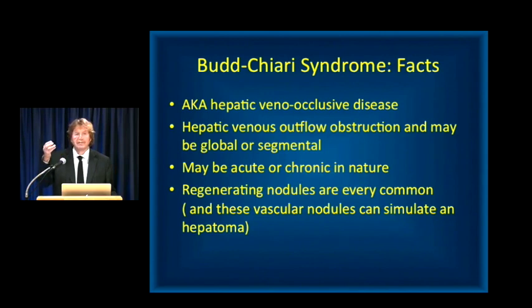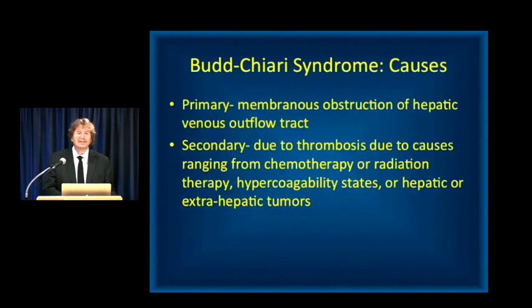Budd-Chiari is also known as hepatic veno-occlusive disease. The hepatic venous outflow obstruction may be global or segmental. Budd-Chiari may be chronic or acute in nature, and regenerating nodules are particularly common, and I showed you an example a few moments ago.